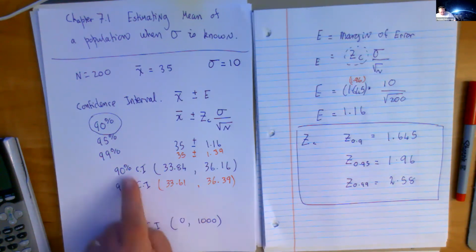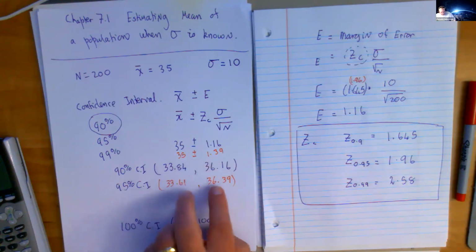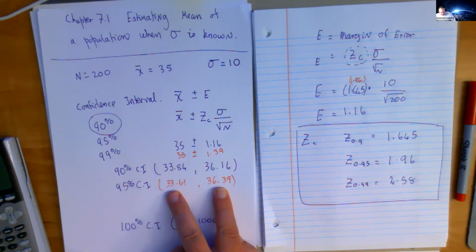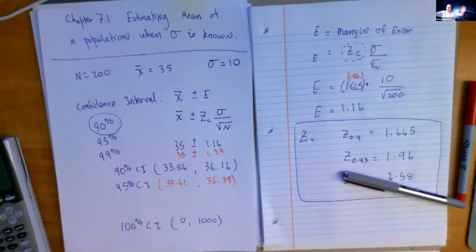So in this interval, there's a 10% chance I'll miss it, right? If you make the interval a little bit bigger to these numbers, can you see that I'm now only going to have a 5% chance of missing it? And I don't have time or patience, but I could do a 99% as well. See if I did the 99%, wouldn't it go even further apart? So that's a truism.